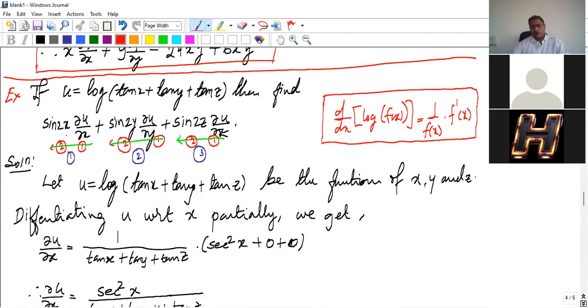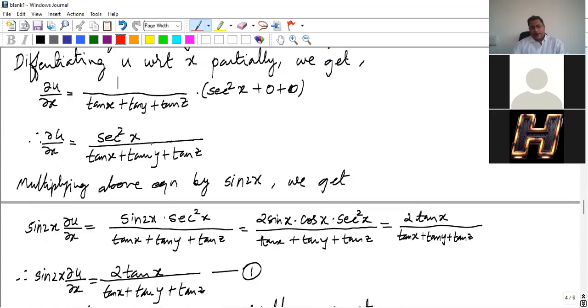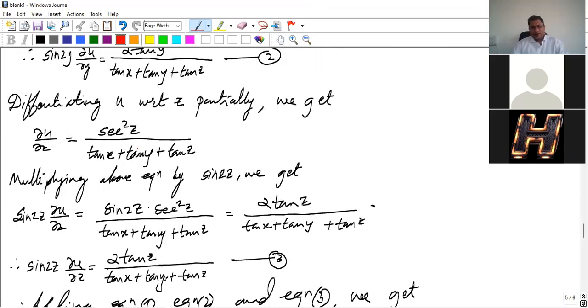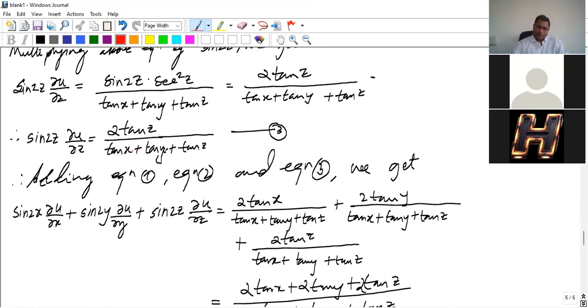We first try to understand what the question is, and once we understood this question, we calculated the terms, and then we added equation 1, equation 2, equation 3, and got our claim.